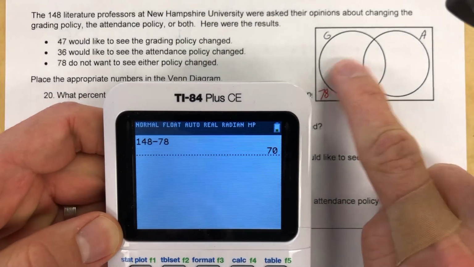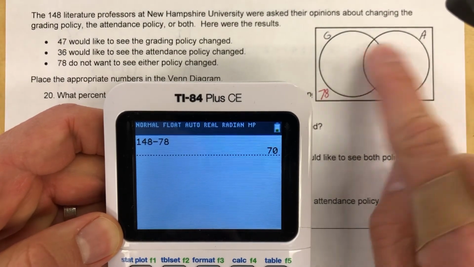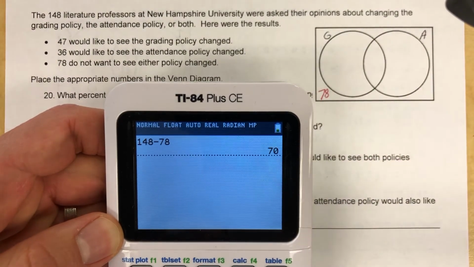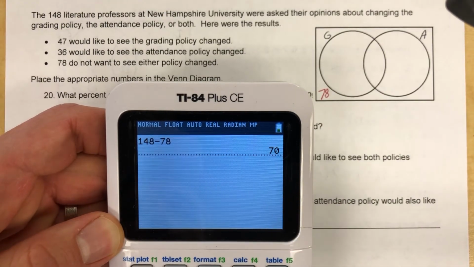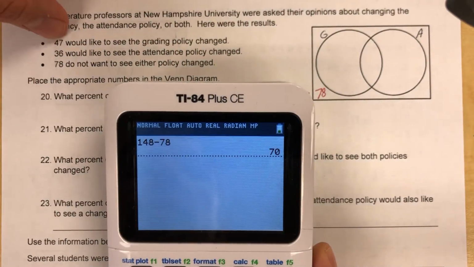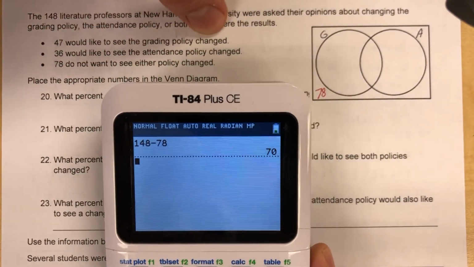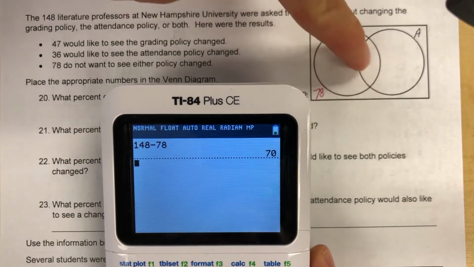70 is the total of all three of these together. So grading, attendance, all together, 70. Grading, union, attendance is 70 people. So here's what's going to happen. I'm going to point very carefully. 47 would like to see the grading policy changed. This circle is 47.